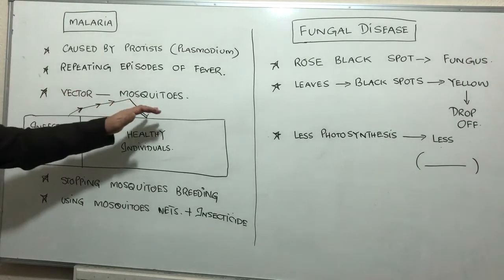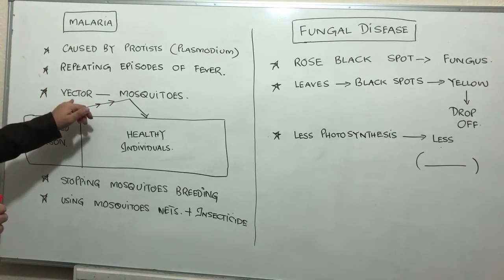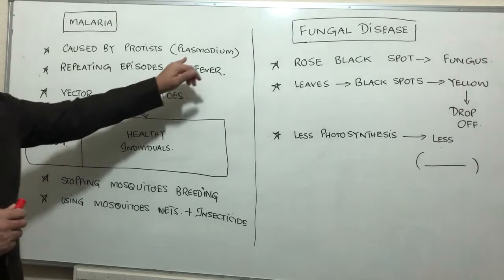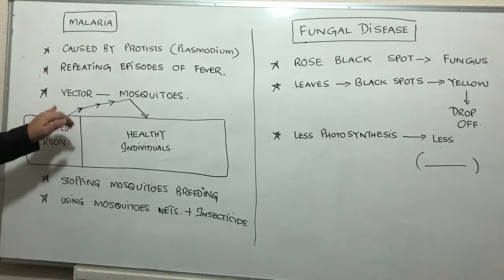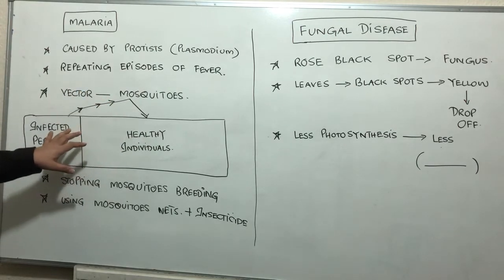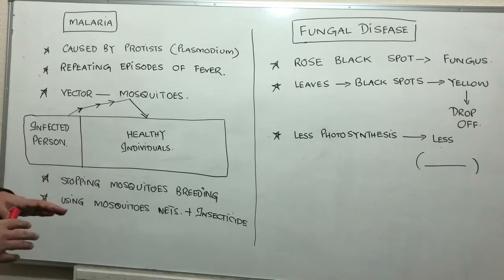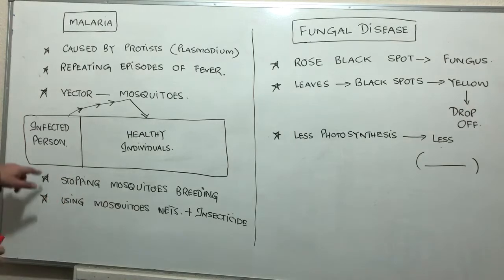So how do the mosquitoes, which are the vector of this Plasmodium parasite, spread the disease from one individual to another one?